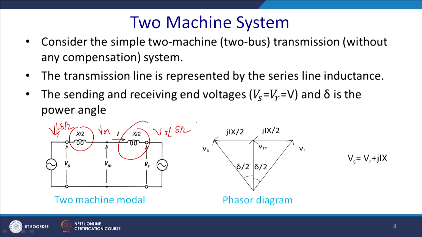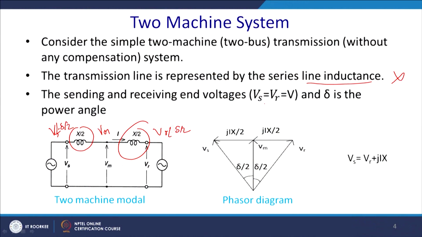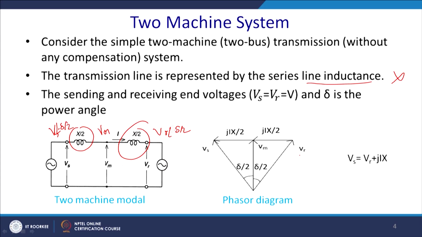The transmission line is represented by the series line impedance of value x, split into two halves of x by 2 each. Our assumption is that the sending and receiving voltages are Vs equal to Vr, equal to V in magnitude, and delta is the change of their power angle. Here it is minus delta by 2, here it is 0, here it is plus delta by 2, and this is the phasor diagram, where the current I is the perpendicular bisector of the voltages.